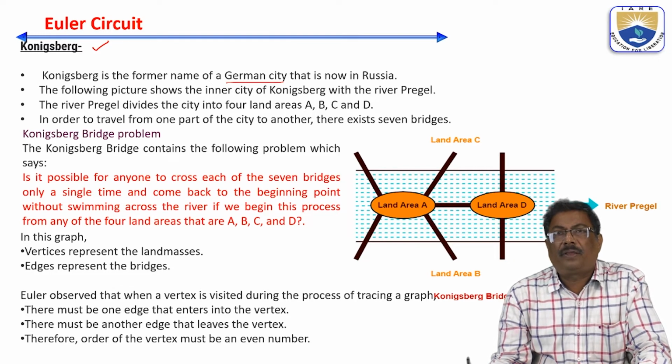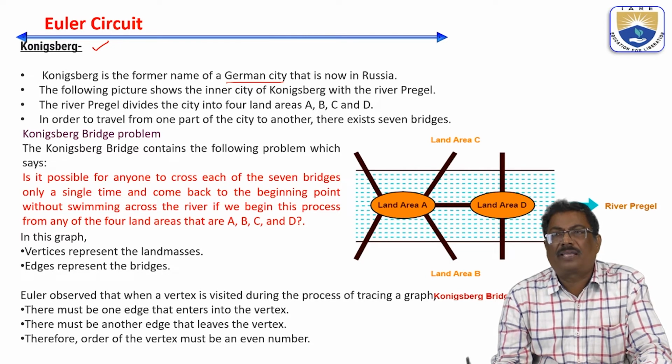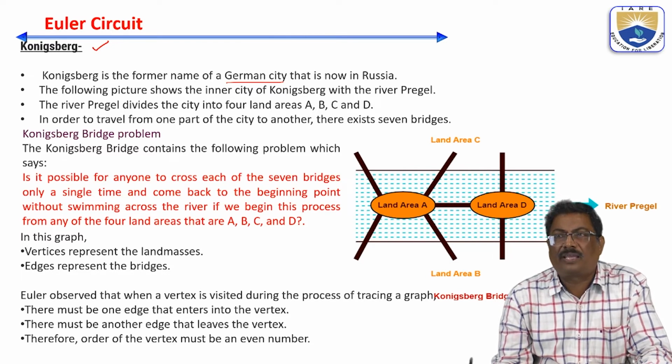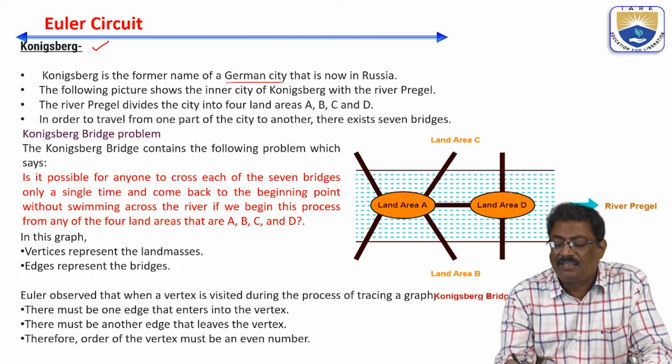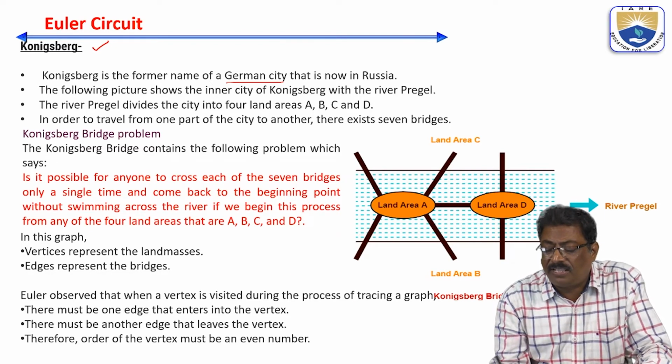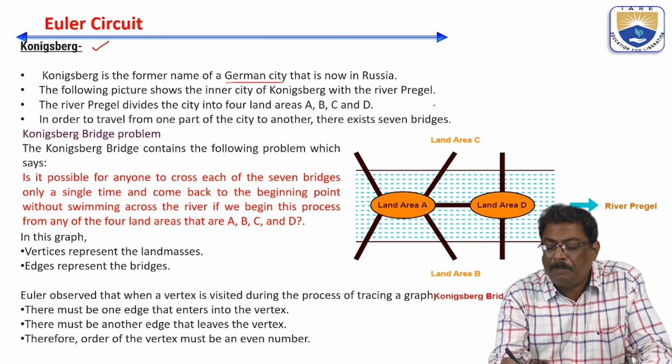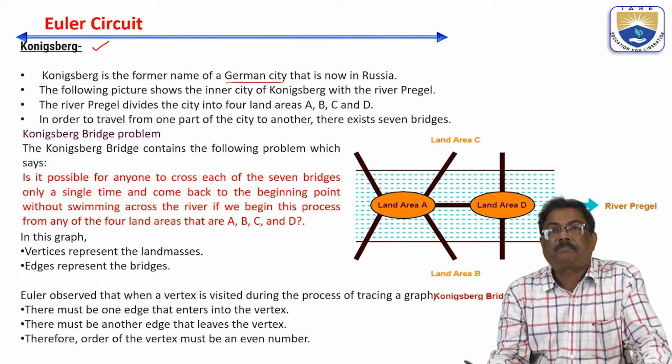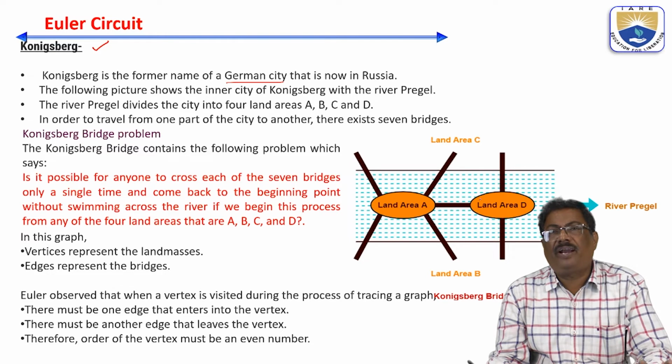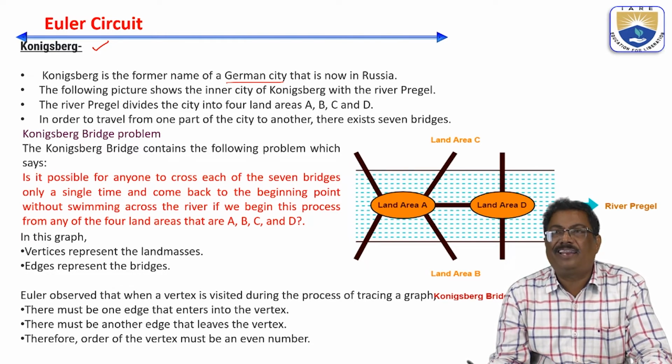The river Pregel divides the city into 4 landmark areas. The river is flowing like this. This is A, next this is B, this is C, and this is D. So the river divides the city into 4 land areas.